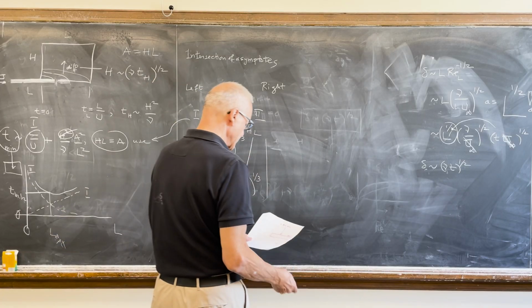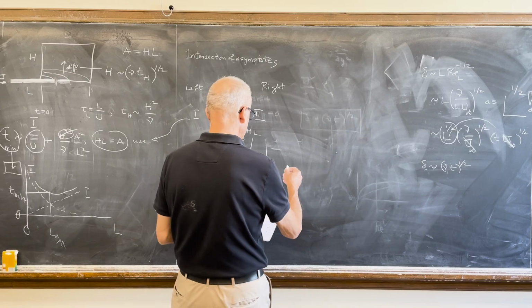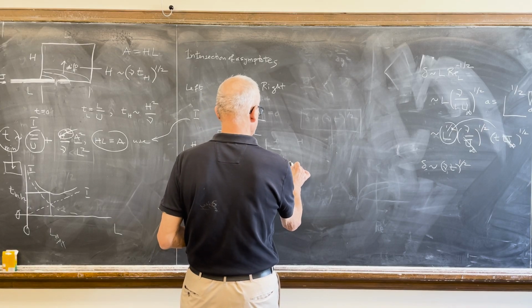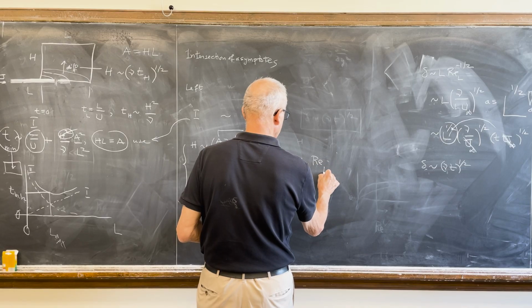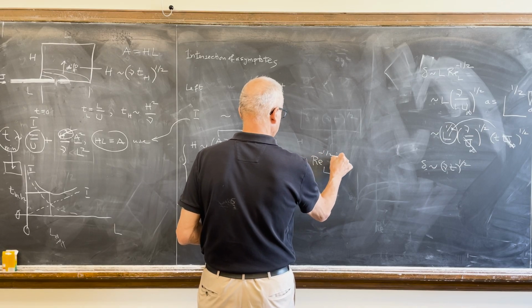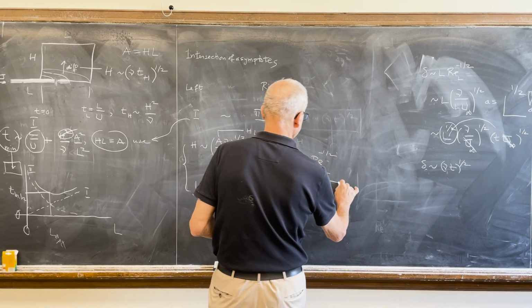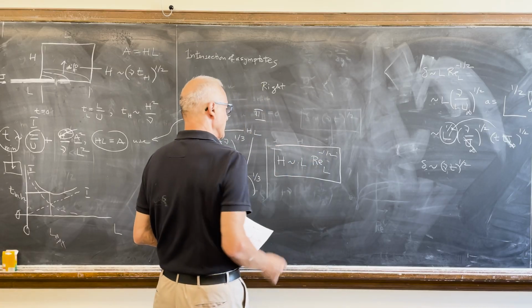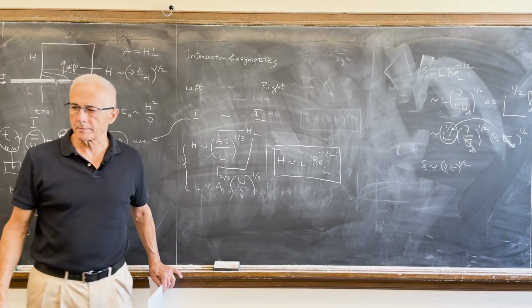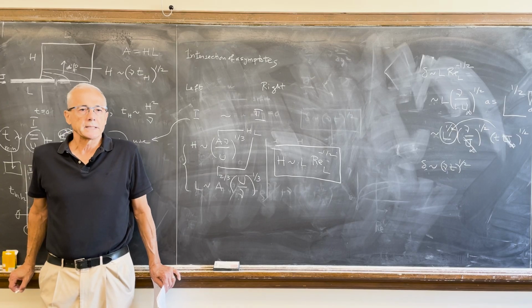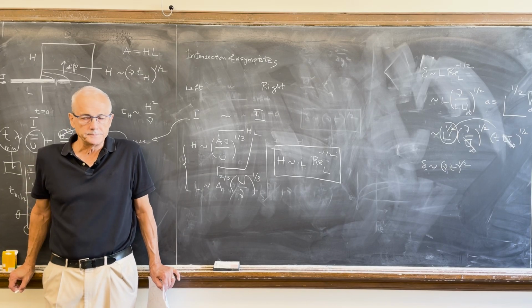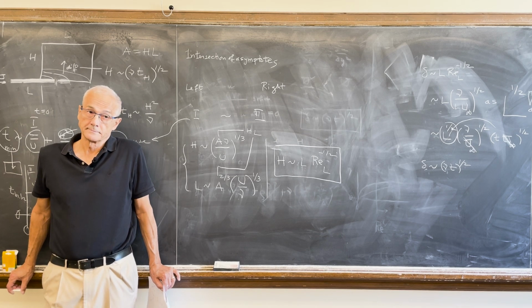Combine these two things by eliminating A, and you discover that the vertical dimension must be the same as L times Reynolds number based on L to minus 1/2. This is the formula for the boundary layer thickness without making the assumption of slenderness. You see?